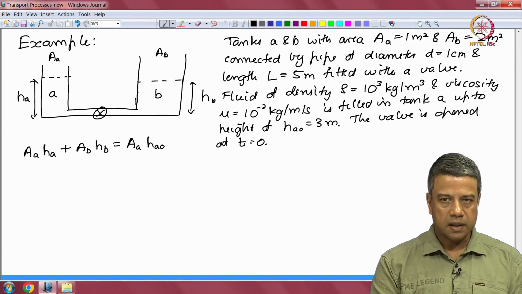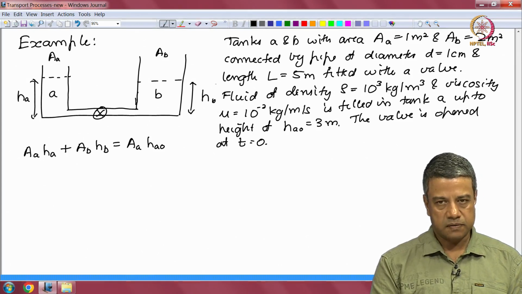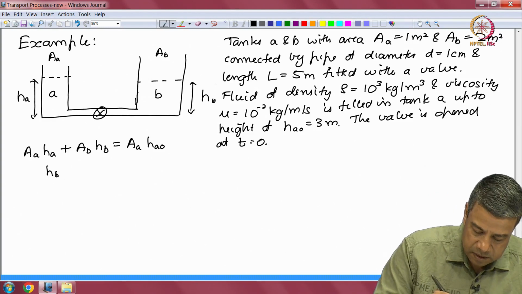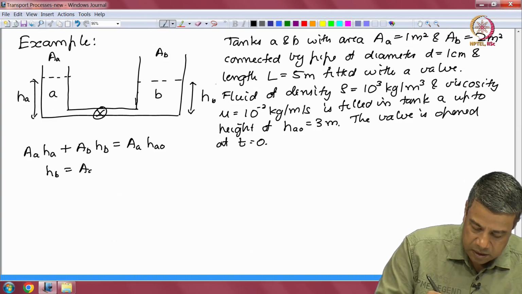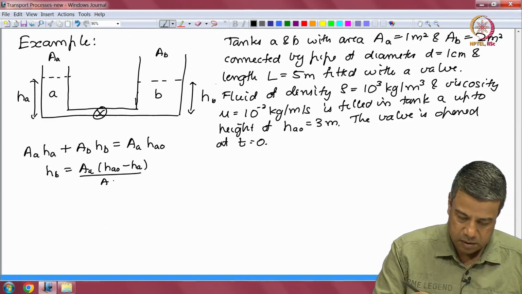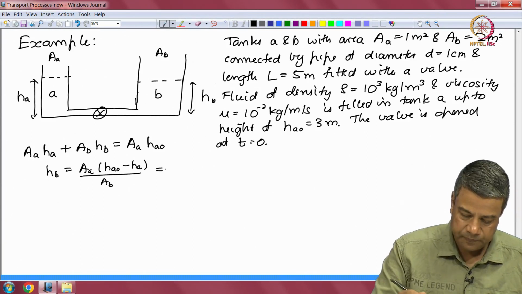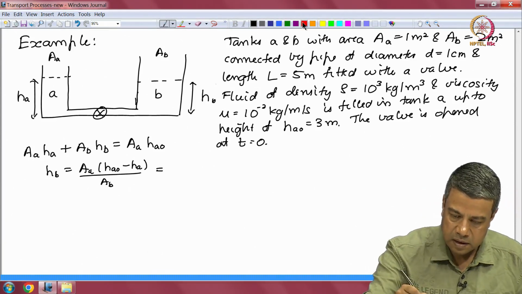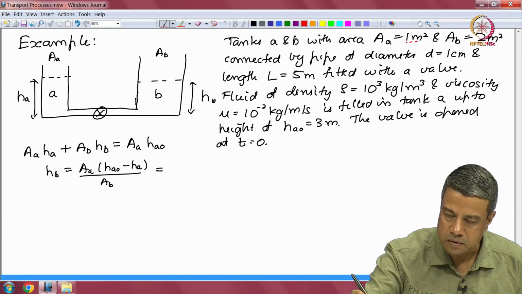Therefore, I can get a relation between the heights of tank A and tank B just from this volume conservation condition. HB is equal to AA into (HA naught minus HA) by AB. Area of tank A is 1 meter square and area of tank B is 2 meters square.